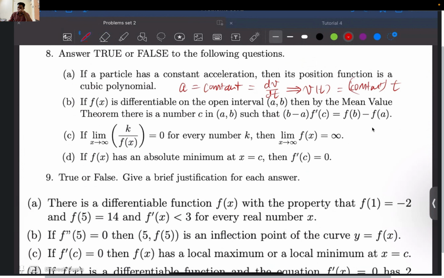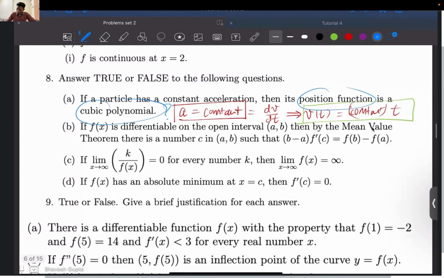So the first thing I understood is that my velocity is a function of time with a linear dependence. But it asks me whether the position function is expected to be a cubic polynomial, and that's the question.